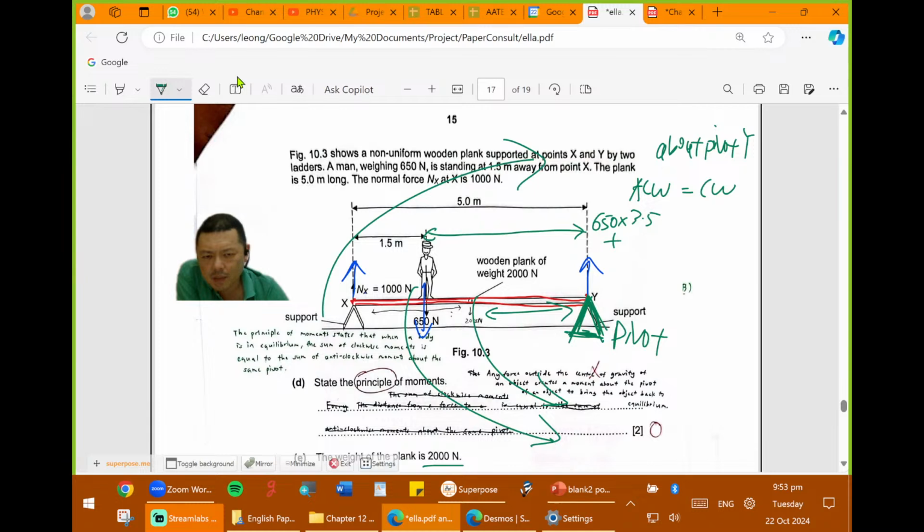So I'm just going to keep it as 2000 times x. And that's the sum of the two anti-clockwise moments, and then I equate it to the sum of the clockwise, which is 1000 times 5. Do you see that? 1000 times 5, and then you find x.